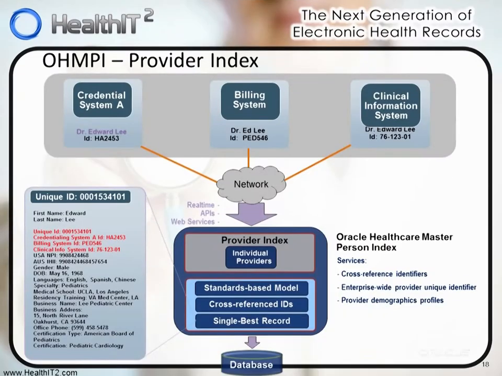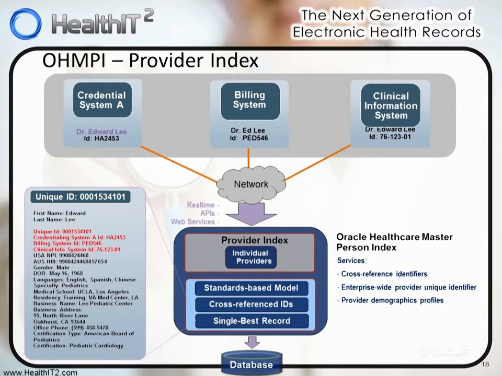So quickly, a brief representation of data. If you look at the record on the bottom left part of the slide, it looks pretty busy. But really what that's representing is the data that can potentially be in the index as it's come from a lot of these different source systems. And those source systems, in this case, are represented on the top part of the screen. So there's maybe credentialing, billing, and a clinical system here.